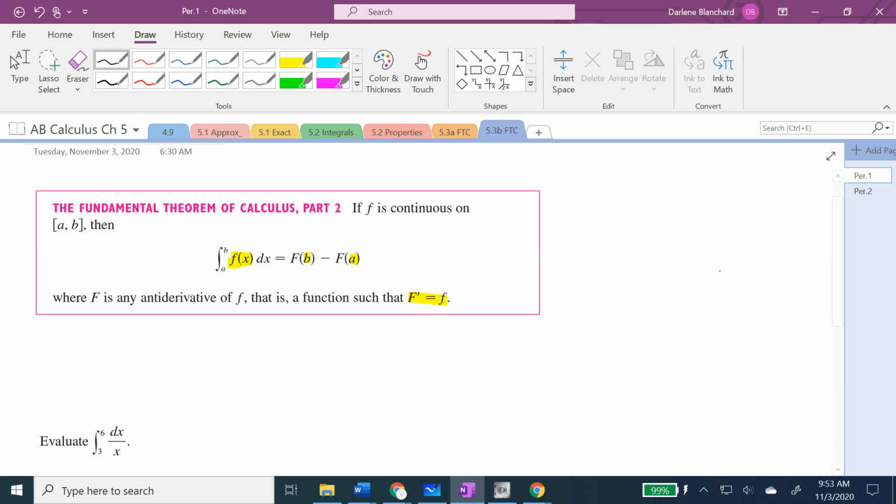And let me explain how that makes sense through velocity. If I integrate velocity from time A to time B, I am supposed to get displacement over that time frame. So the integral of velocity is the position function.